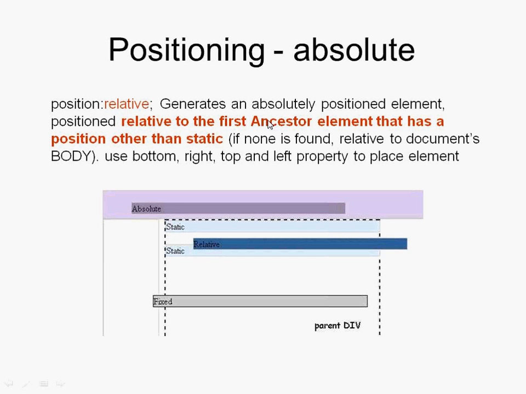So that definition goes: relative to the first ancestor element that has a position other than static, or non-static. I will explain how it works. So it's relative to the first relative element.